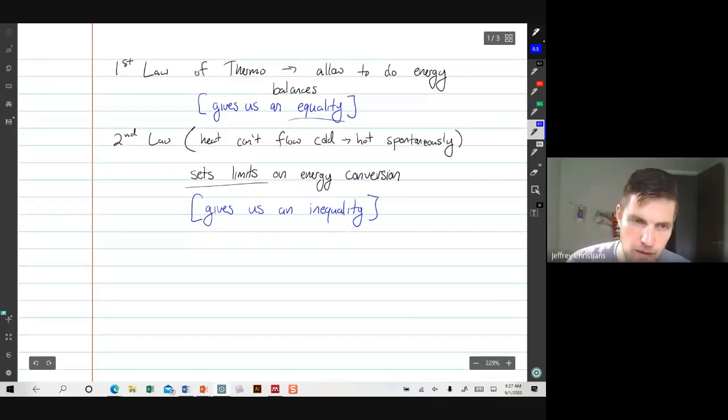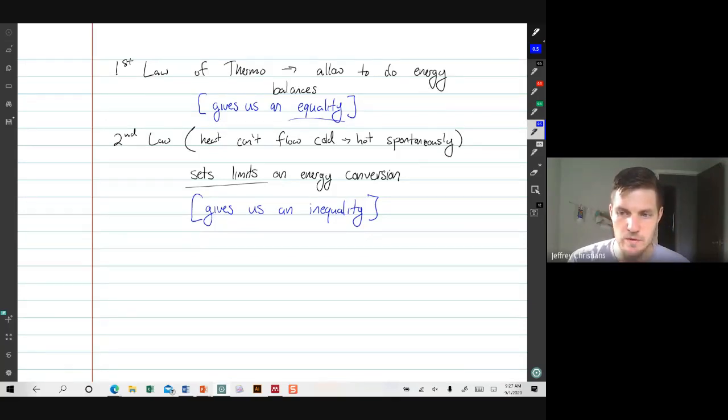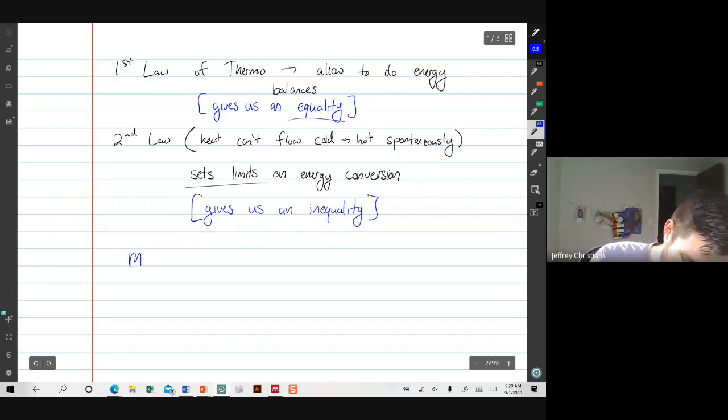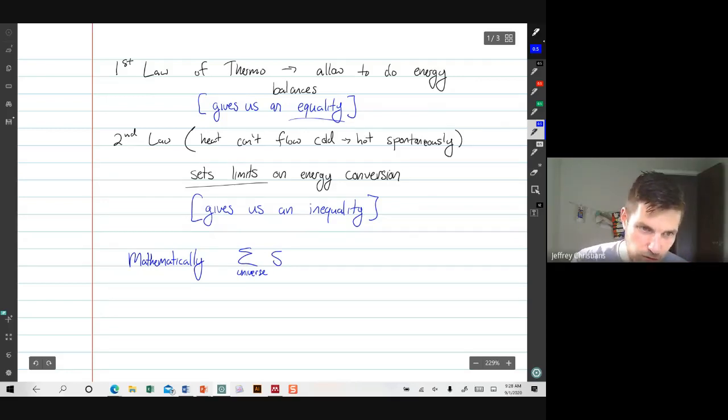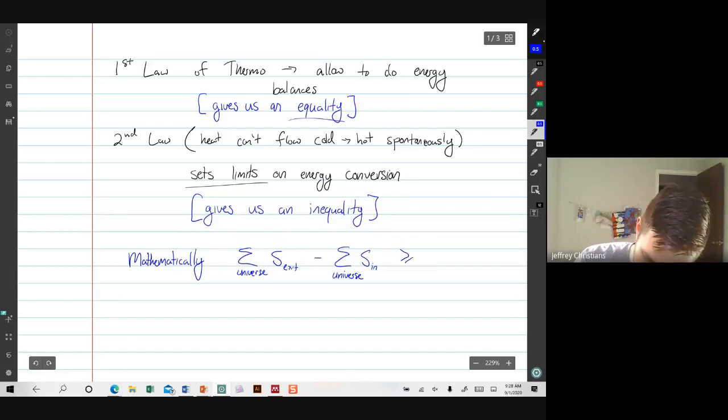Again, I'm not going to go into too much detail here because we'll do more of this later, but the basic law is that mathematically, the second law is that the sum of this new variable we'll call S exit, minus the sum of S in, the sum over the entire universe, is greater than or equal to 0.